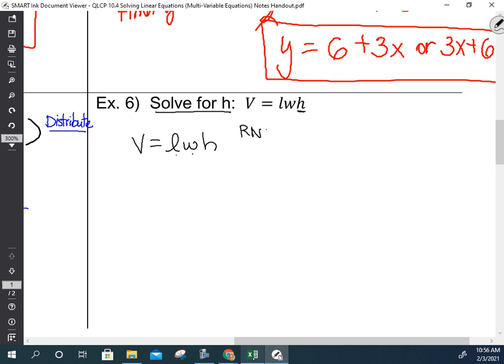So right now, L is multiplying. How do you get rid of multiplying? Divide. So we're going to divide both sides by L.